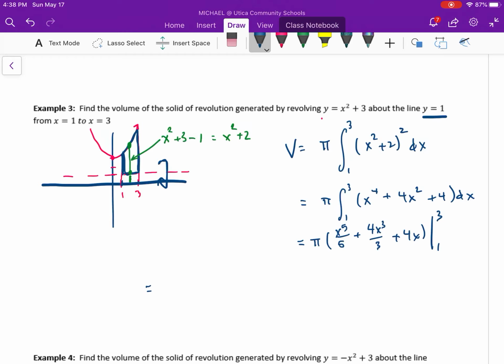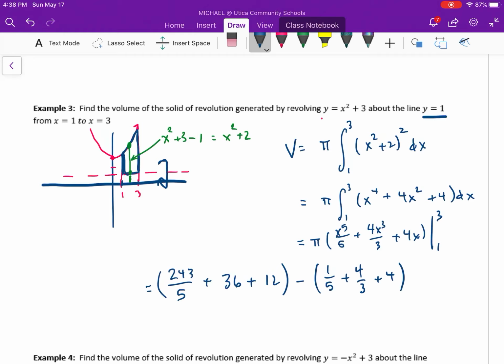All right, I'm going to get some pretty messy fractions here, so I'm probably going to use a calculator. 3 to the 5th is 243 divided by 5 plus 4 times 3 cubed divided by 3 is 36 plus 4 times 3 is 12 minus, when we plug in the 1 I get 1/5 plus 4/3 plus 4.